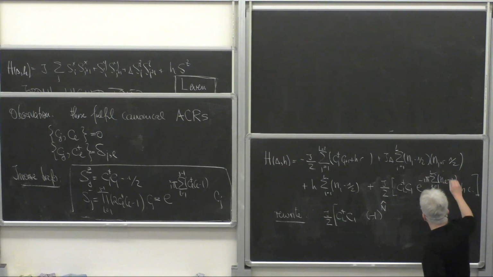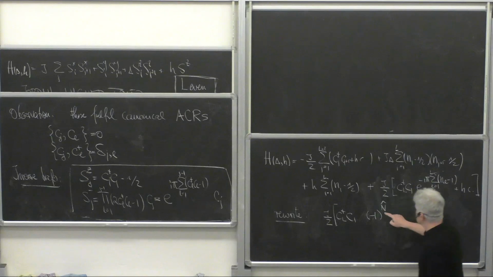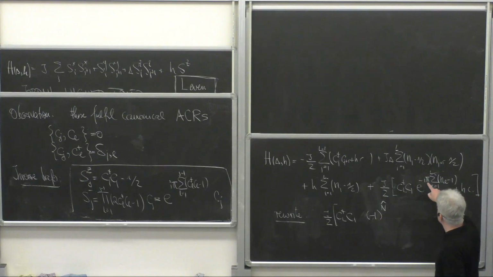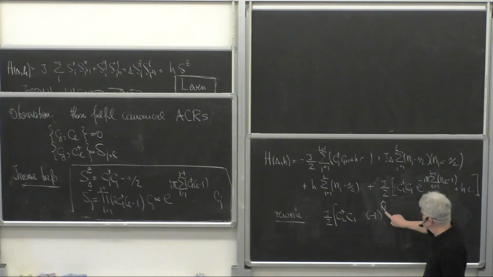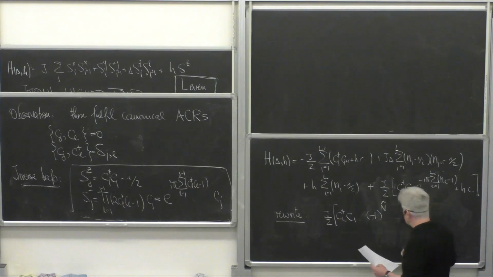So the only term that remains is e to the minus iπ times the sum over all sites, but that's just the total number of spinless fermions, which I call n hat, plus Hermitian conjugate.